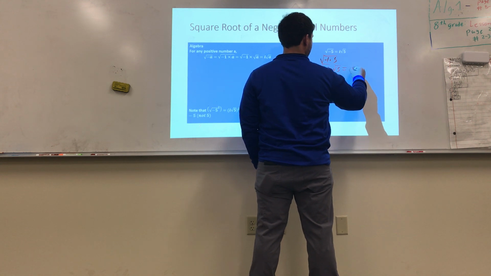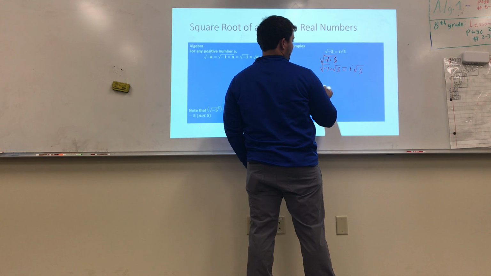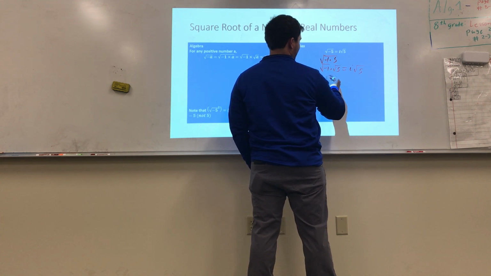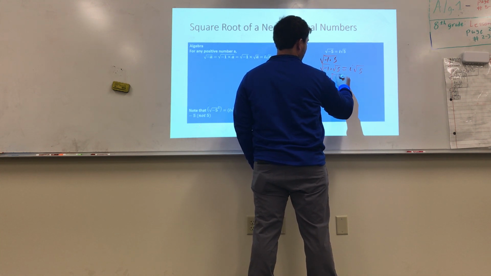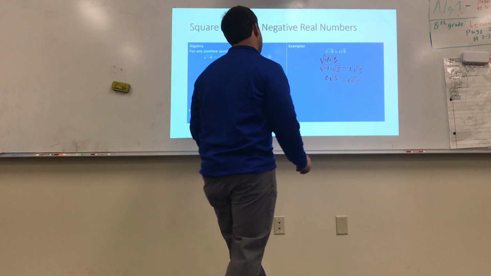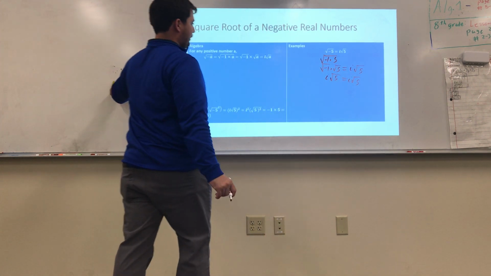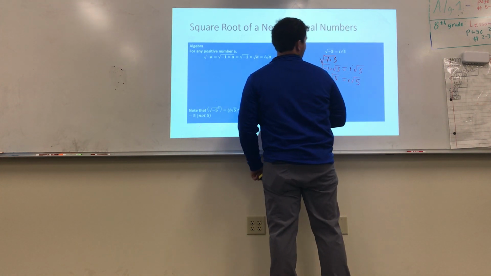The square root of negative 1 is i. Can we take anything out of the square root of 5? No. So we get them to be equal, and that is a correct statement.